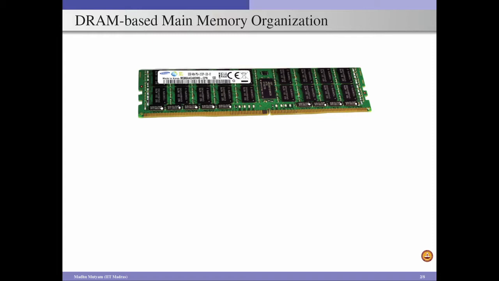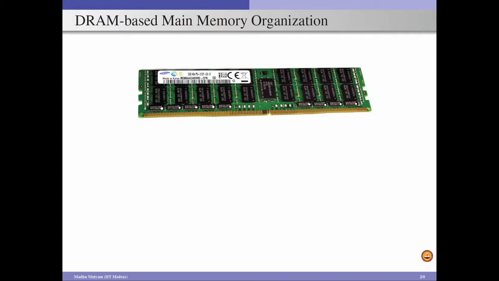There are plenty of DRAM chips placed on this DIMM, and this particular DIMM has a capacity of 32 gigabits. This is a recently developed DIMM from Samsung.